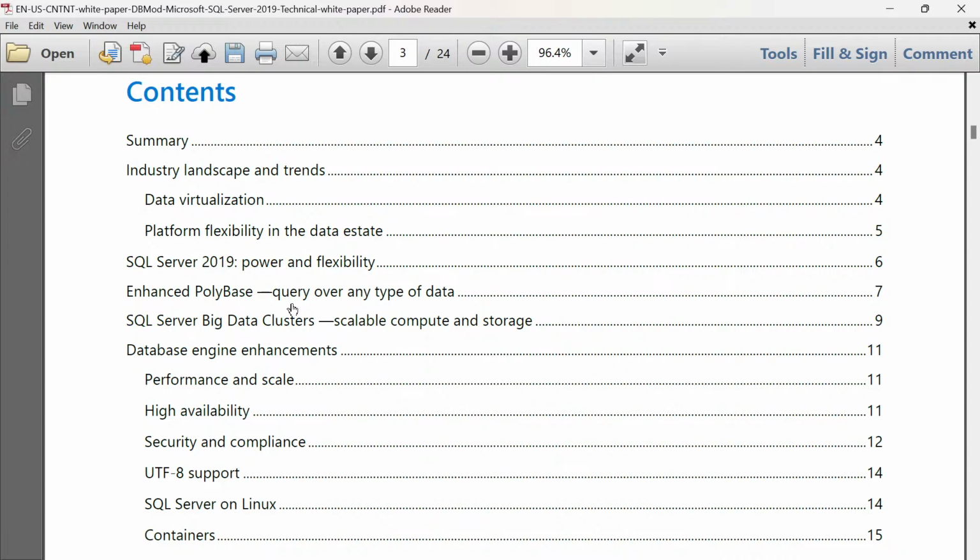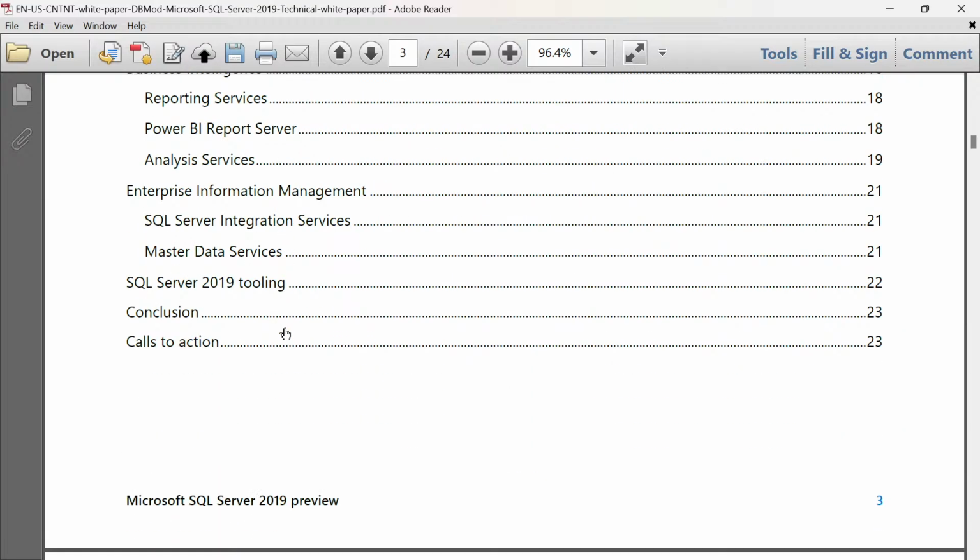Fine. So what we need to do is just focus on all these things so that we can have good knowledge over database systems. All right. So let's start a few things.